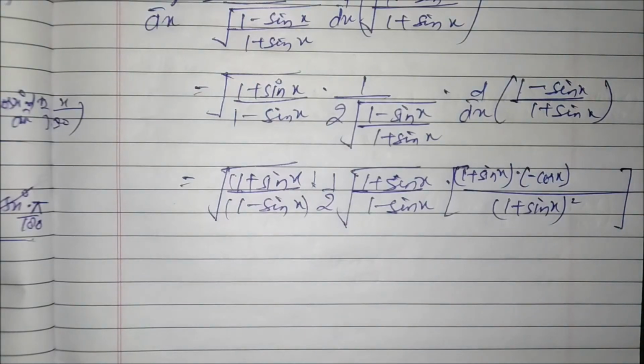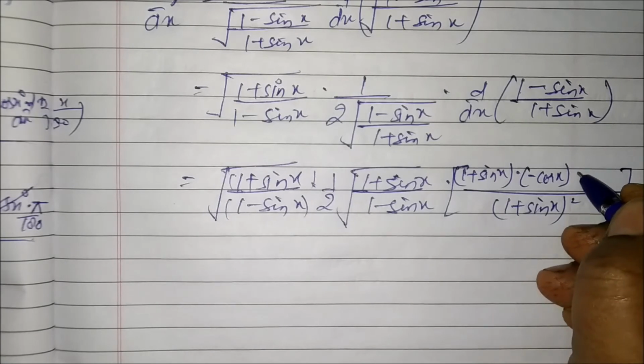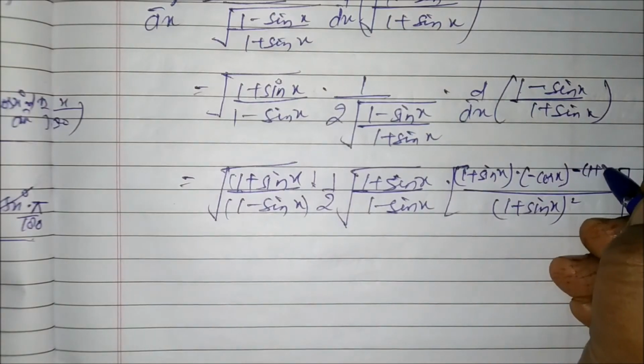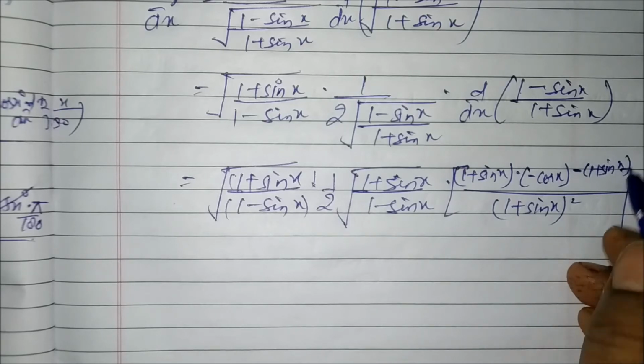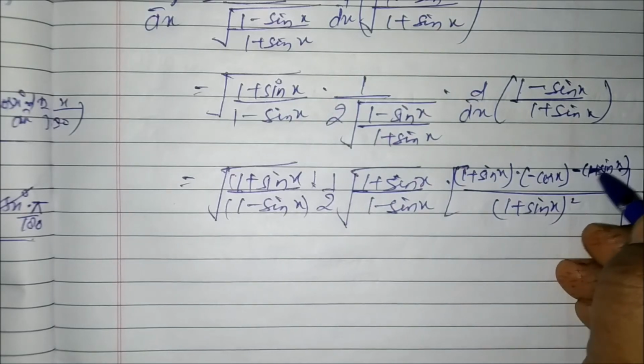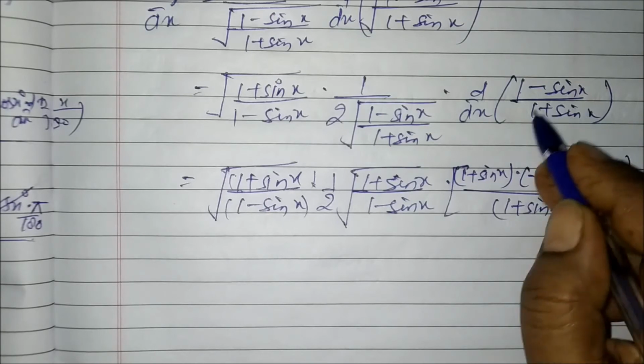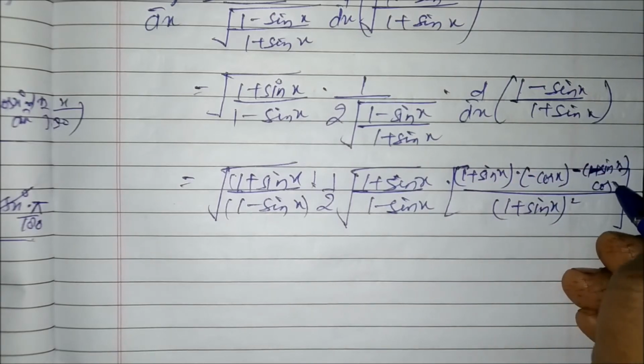and here (1 minus sin x) into the derivative of 1 plus sin x, which is cos x.